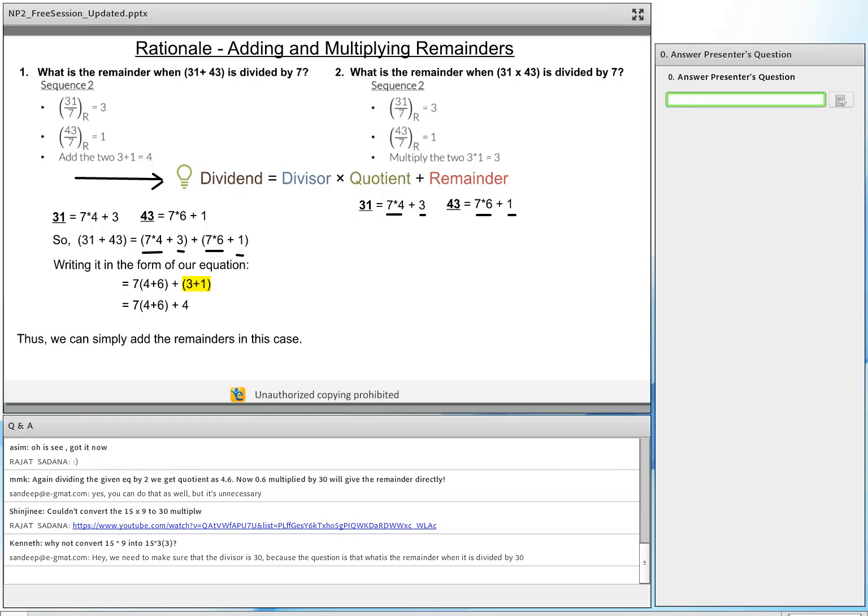Again, 7 times 6 is divisible by 7, and 1 over here is not divisible by 7. And you really say, 31 times 43 is essentially 7 times 4 plus 3, a term divisible by 7 plus a term not divisible by 7, times, again, a term divisible by 7 and a term not divisible by 7.